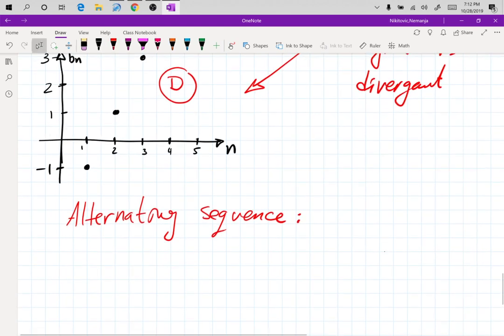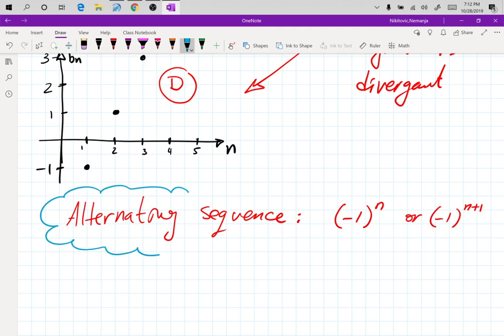Alternating sequence is given by negative 1 to the n, or negative 1 to the n plus 1, or any of those combinations, right? We are going to have alternating series as a section, so alternating sequence is important.